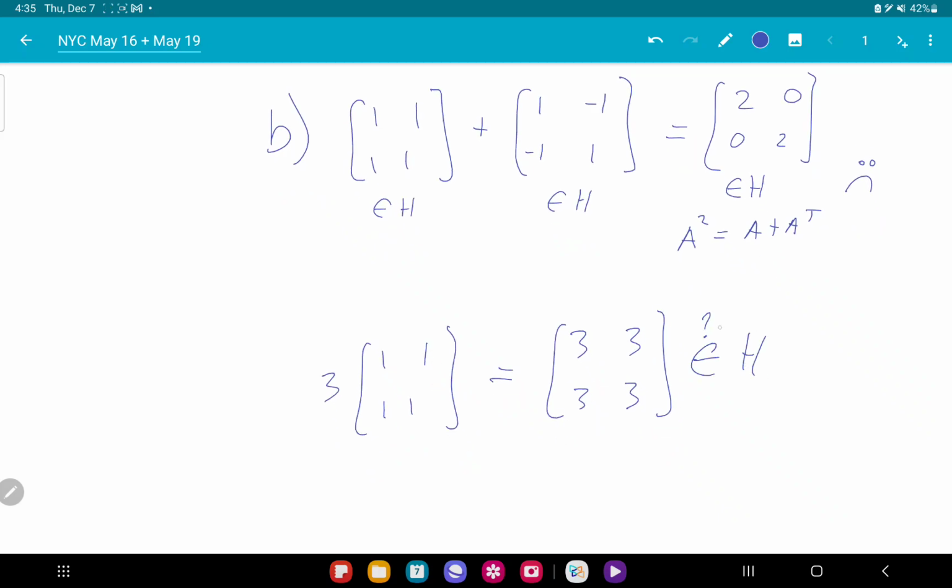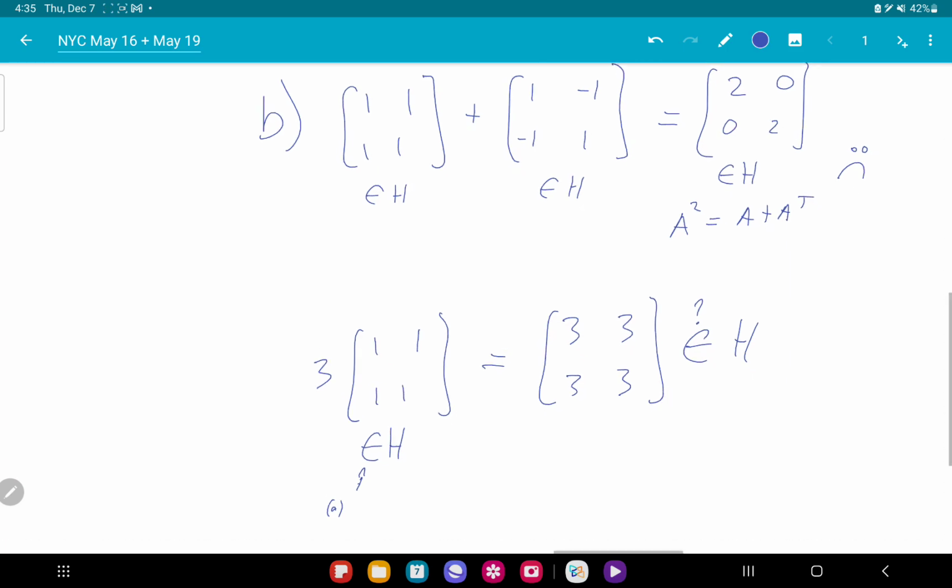Now, is that going to be in H? So I know this is in H. That's what I found in part A. Multiply by 3, is it still in H? Well, let's see. I'm going to see if this matrix passes this test.